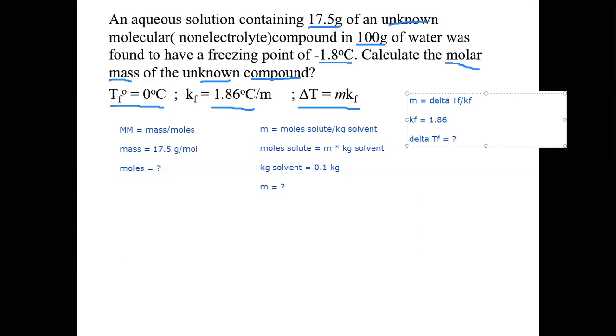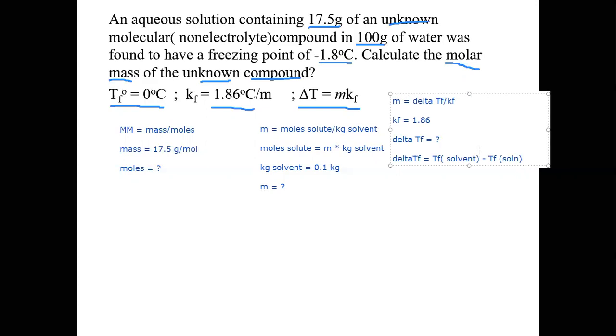And so remember, delta TF equals the TF of solvent minus TF of solution. And so we know both of those. We know the TF of solvent and we know the TF of solution.